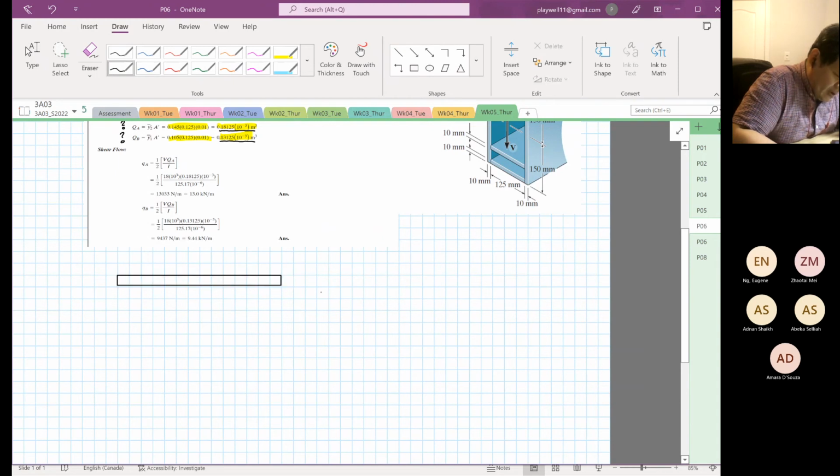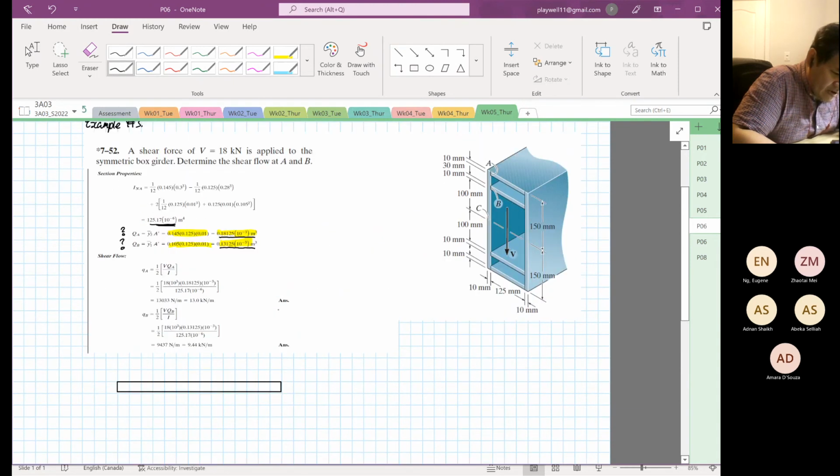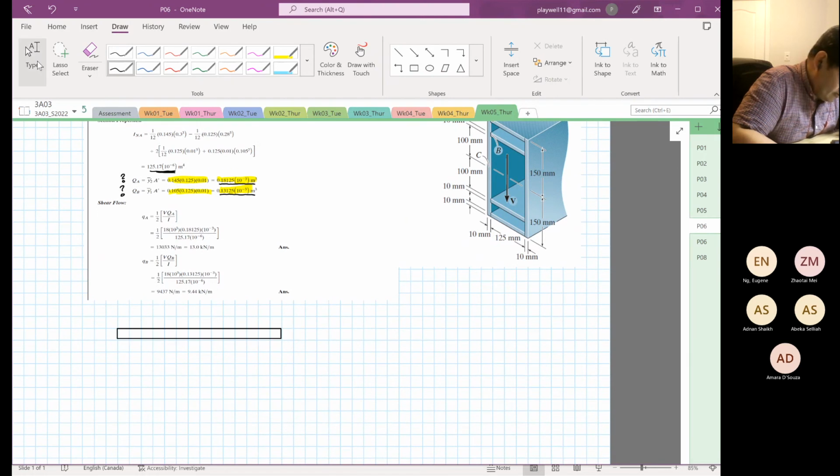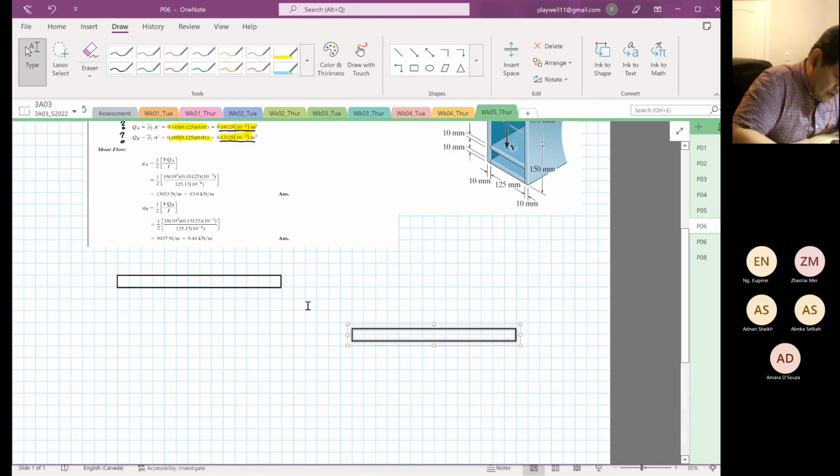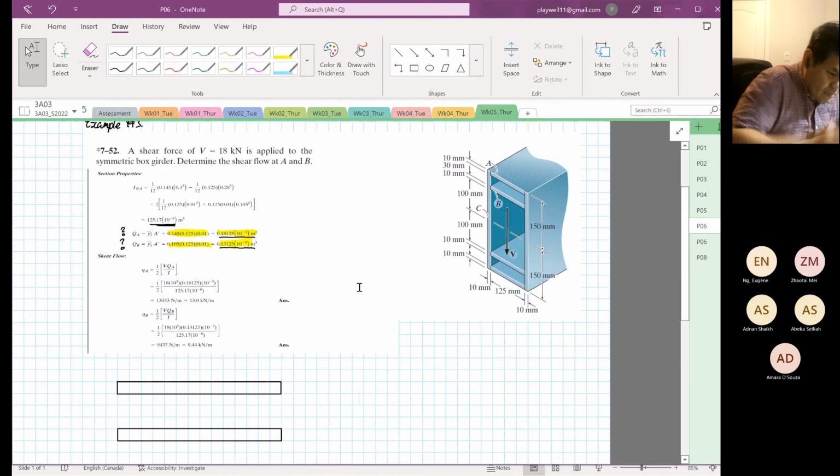And then at a certain position away, we have another section, right? And then we have 30, 10.